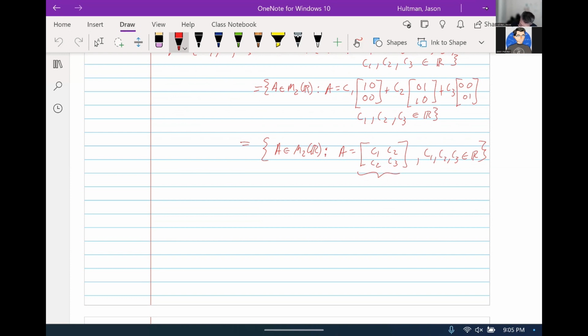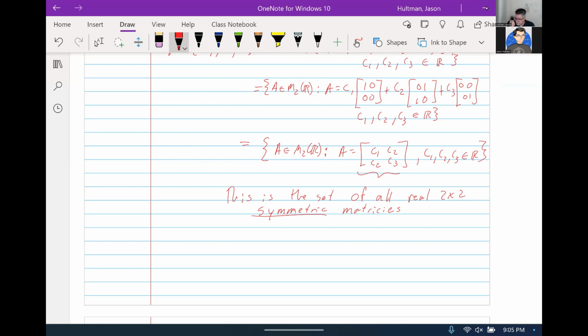This is the set of all real 2x2 symmetric matrices.